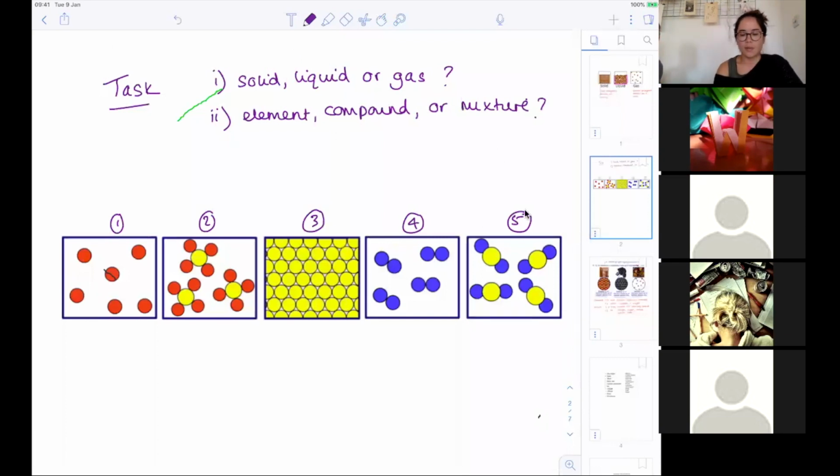And you've got a minute now to decide whether you have a solid, liquid, or gas, an element, compound, or mixture. Right, let me know when you're ready for me to go through the answers in the Messenger.